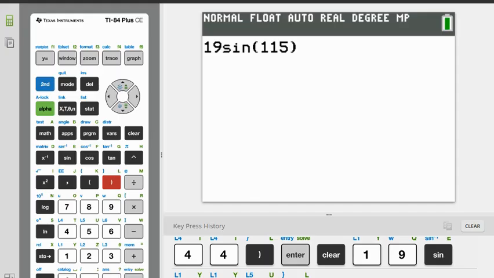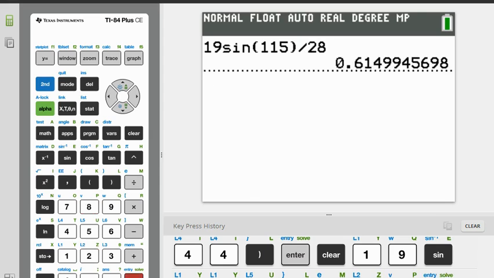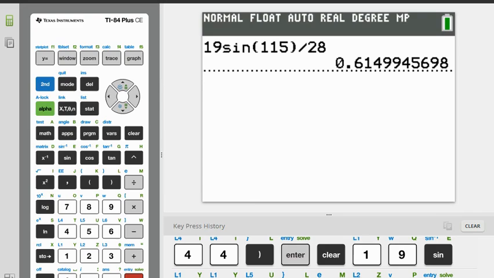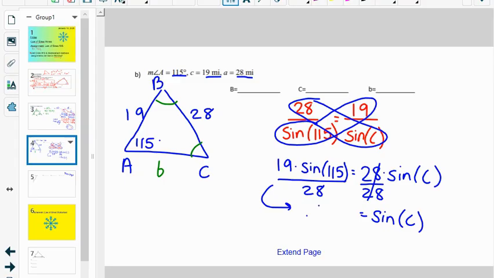Don't forget to close your parentheses. And that's a long decimal. So we'll just say it's 0.16499614... because it's continuous, okay?